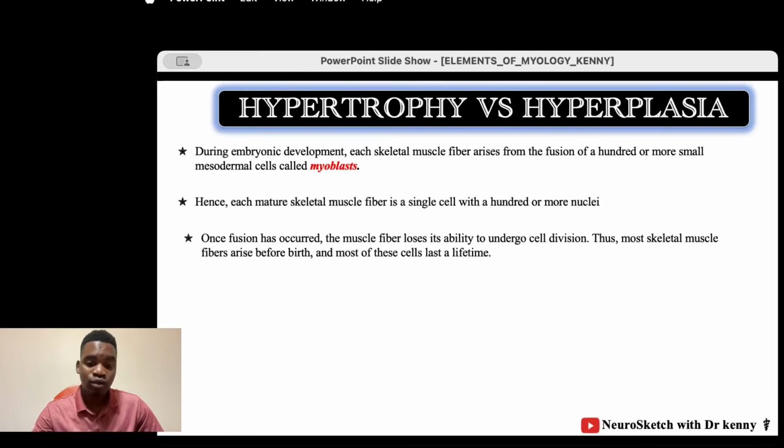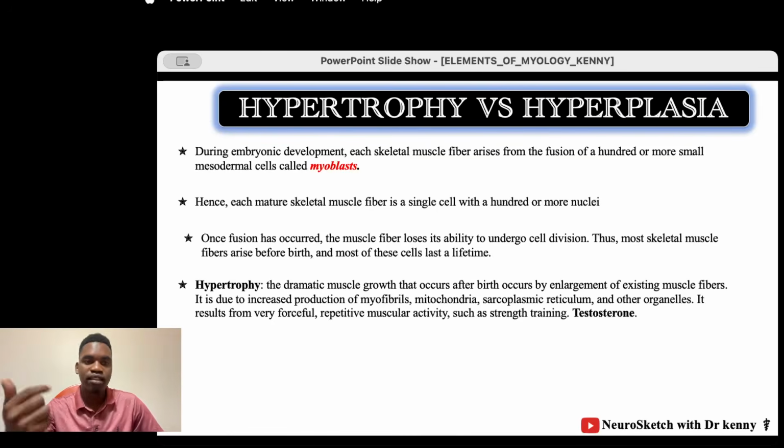This also explains the fact that a baby is born with almost all the skeletal muscles present from birth. Why? Because we don't have that ability to undergo cell division, because the muscle cells have been fused together.